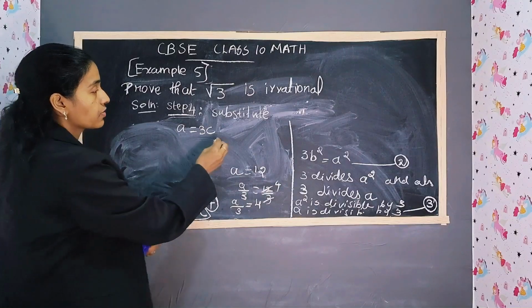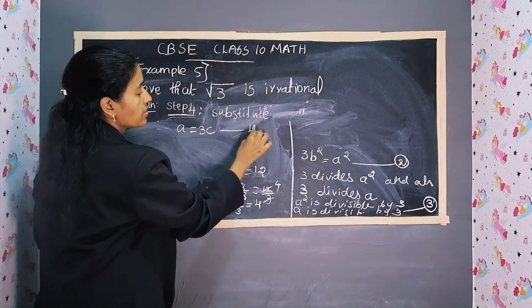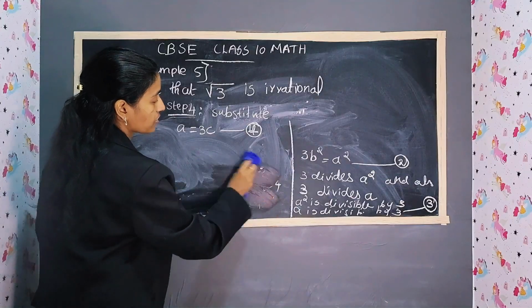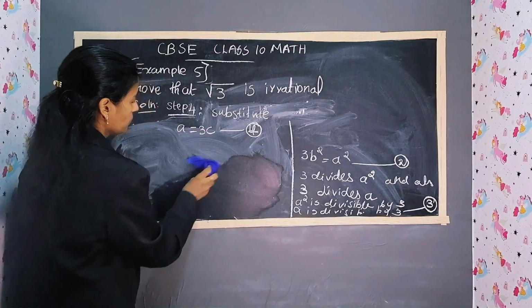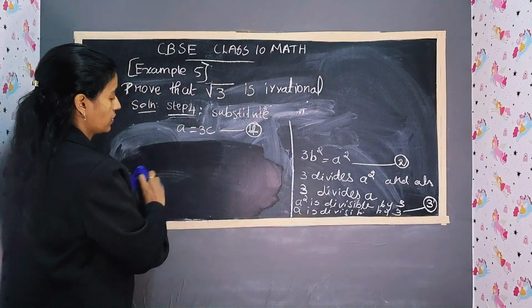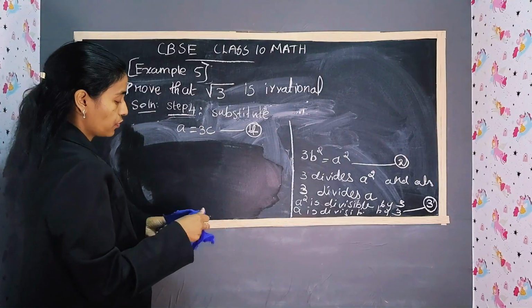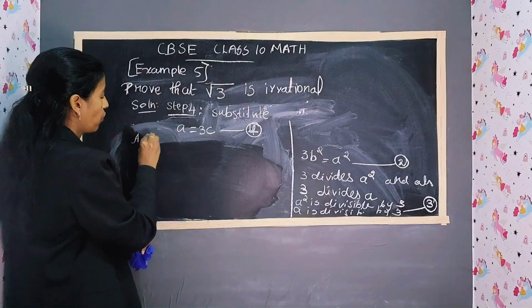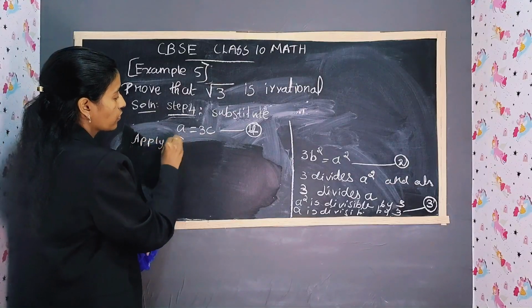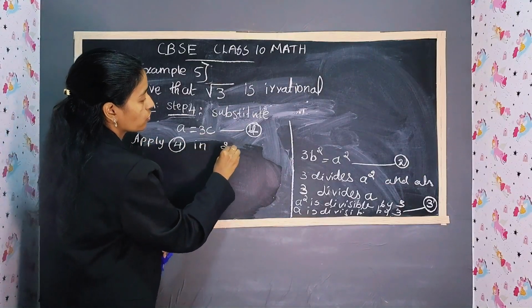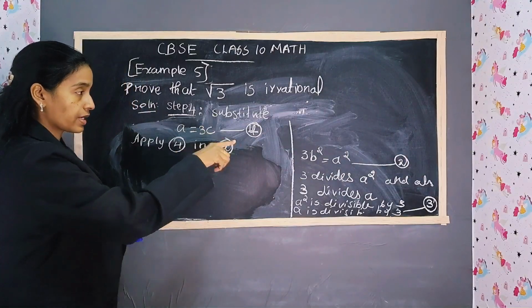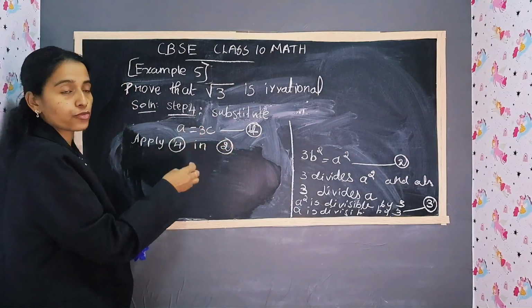We can take this equation as equation number 4, right? So apply 4 in 2. This is the second equation. In that equation we are going to apply the value of A.